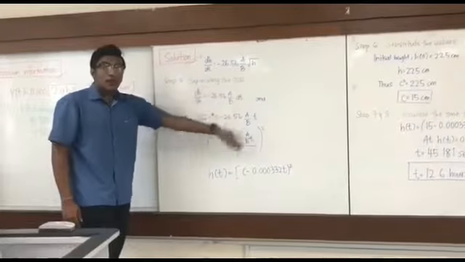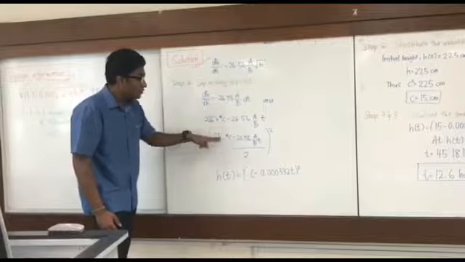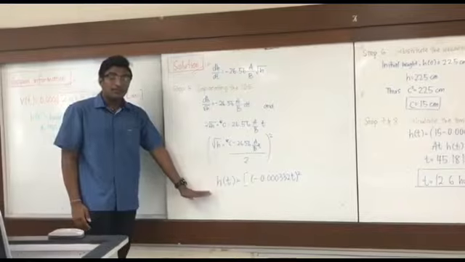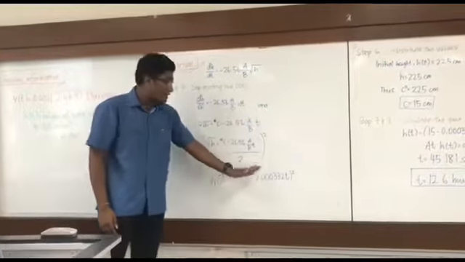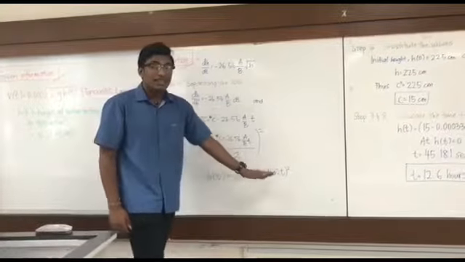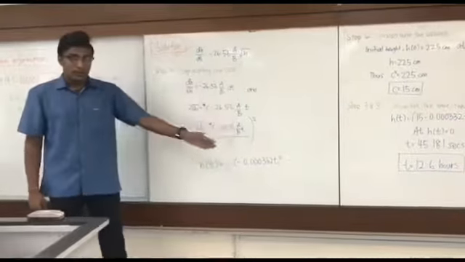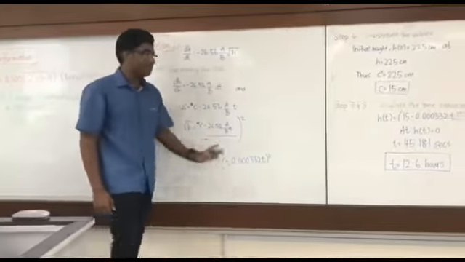Then I will square this whole equation so that I can remove the square root. The final equation for the height will be h equals (C minus 0.000332 t) all squared. That will be our equation for the change in height.